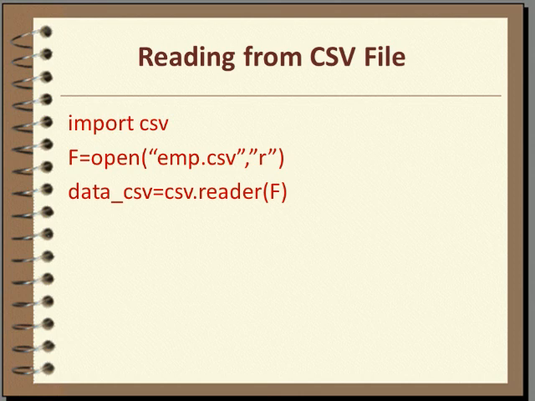So data_csv is a reader object. It is an iterable variable because it will be processed record by record in the form of lists. So learners, here is a very important thing that you need to understand: every line or record of the CSV file will be stored as a list of fields in the reader object.